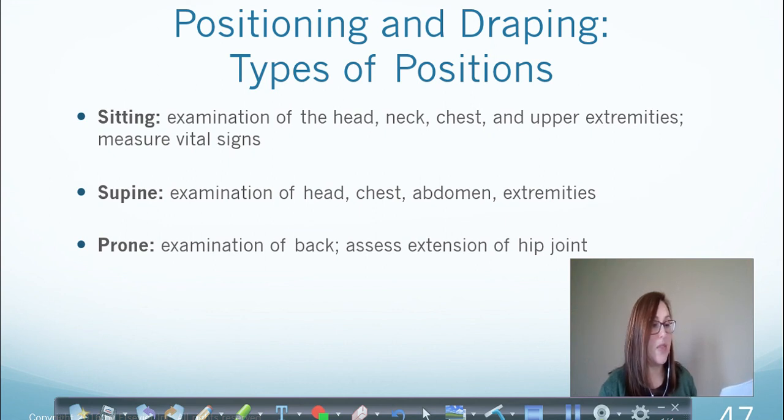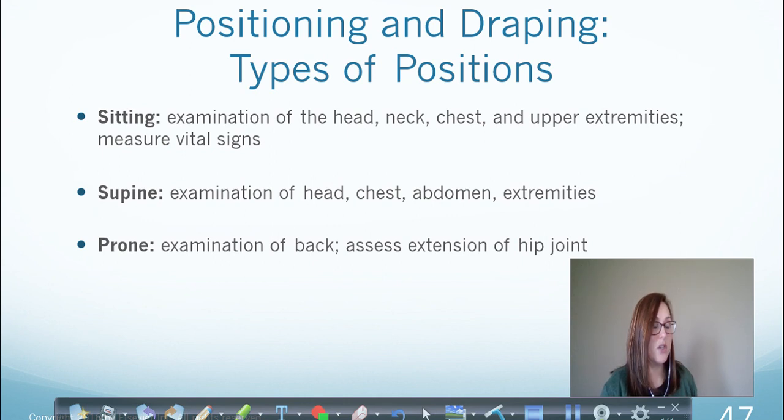Supine, that's laying down. So when you're in a supine position, you're laying down flat on your back with your face up. A picture of that is on page 422. It's procedure 20-3. When you're putting a patient in this position, the physician might be examining the head, chest, abdomen, or extremities.